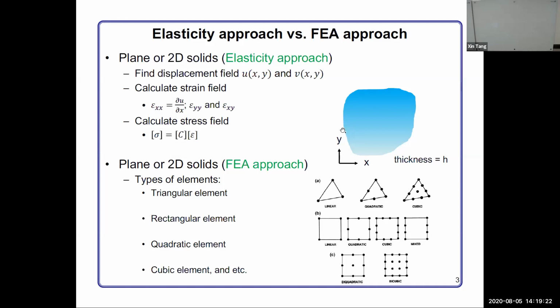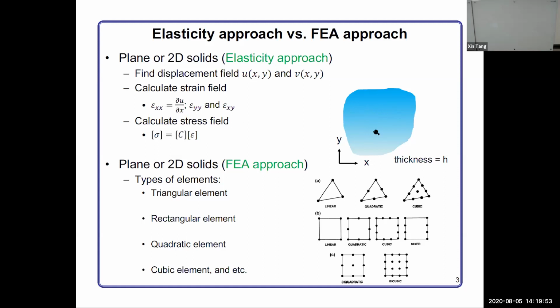Epsilon xx, which is the normal strain around the x direction, is the partial u, partial x. We also have the epsilon yy, which is the normal strain around the y direction, equal to the partial v, partial y. We also have the shear strain, epsilon xy, okay?